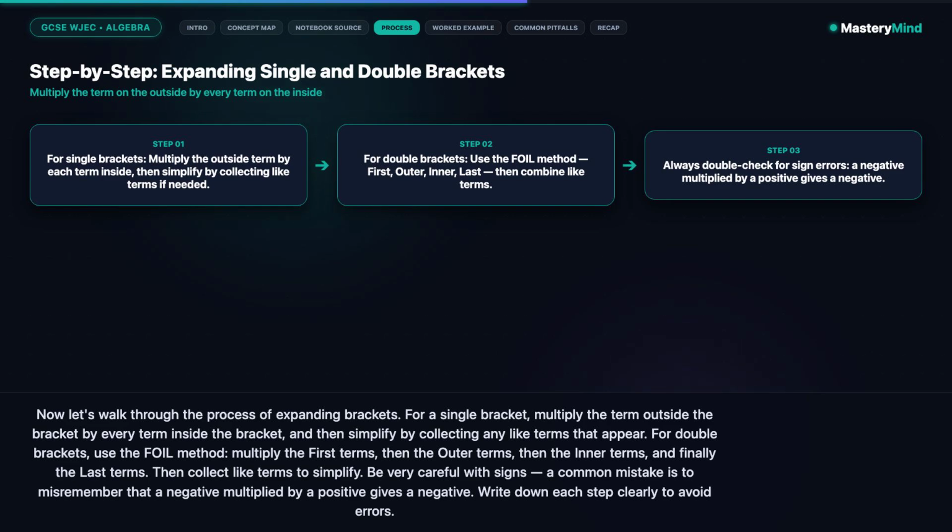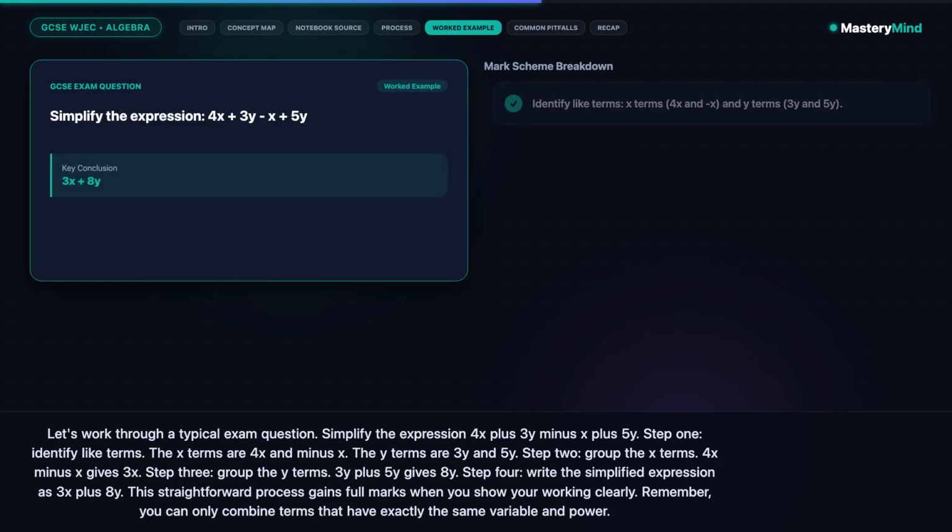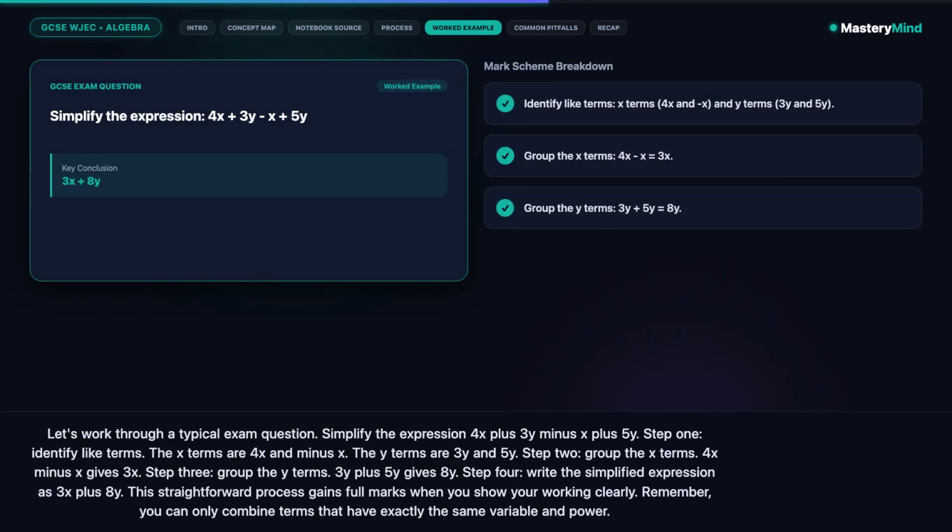Let's work through a typical exam question. Simplify the expression 4x plus 3y minus x plus 5y. Step 1. Identify like terms. The x terms are 4x and minus x. The y terms are 3y and 5y. Step 2. Group the x terms. 4x minus x gives 3x.